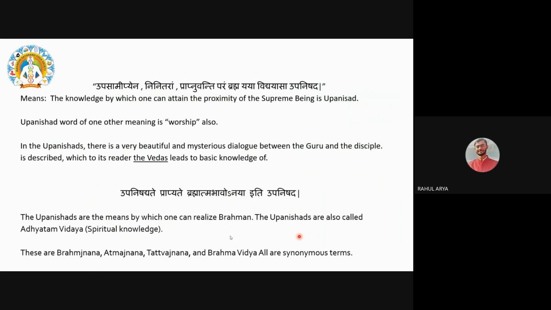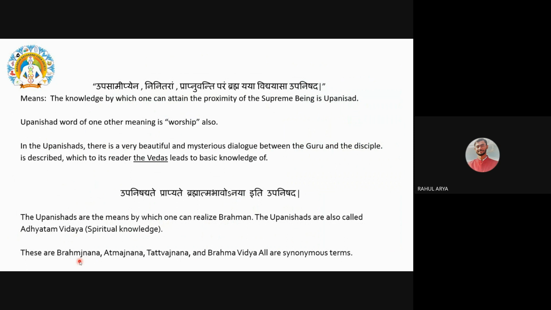And the Upanishads are also called Adhyatma Vidya. Adhyatma meaning spiritual, Vidya meaning knowledge. The Upanishads are full of spiritual knowledge.